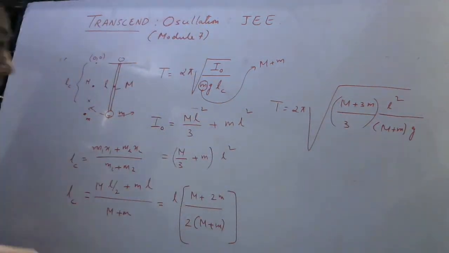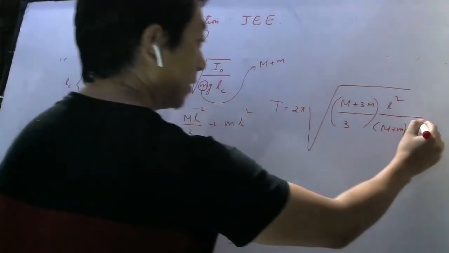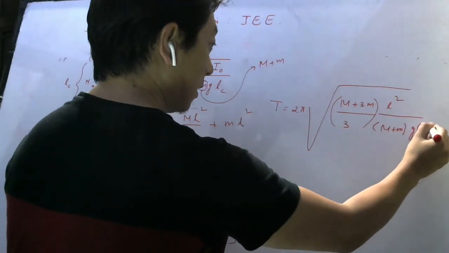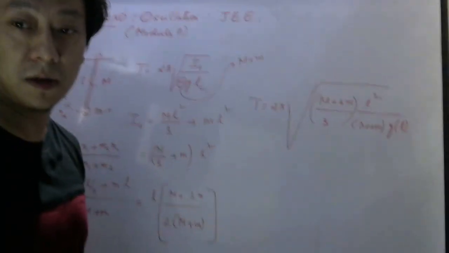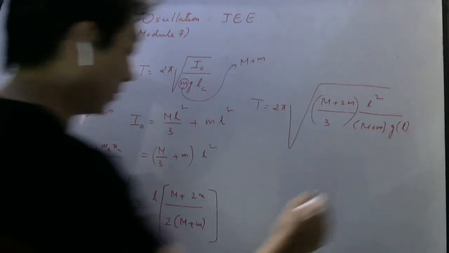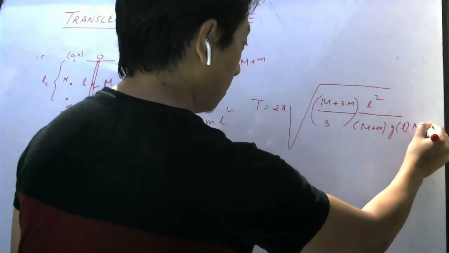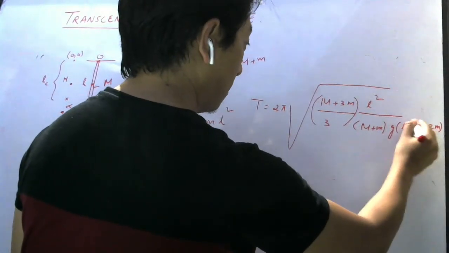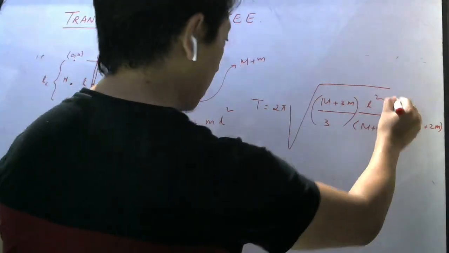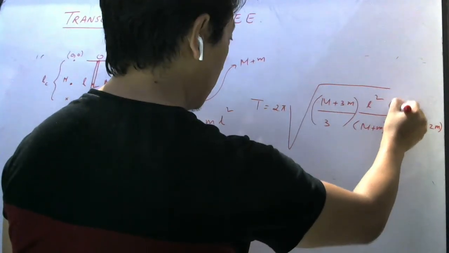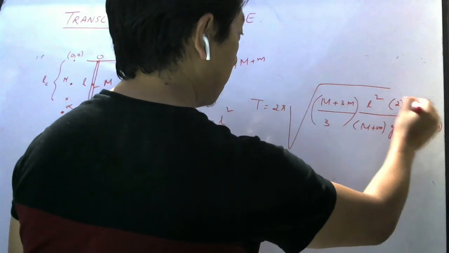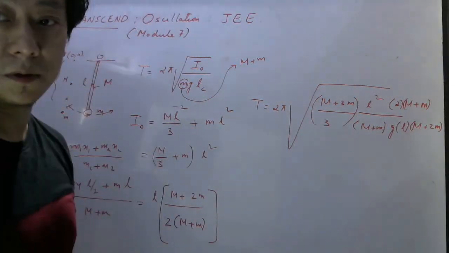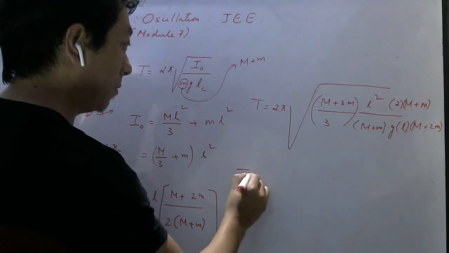LC, what is LC? LC is L times (M plus 2m) divided by 2(M plus m). Okay, so the whole thing will be 2 pi.